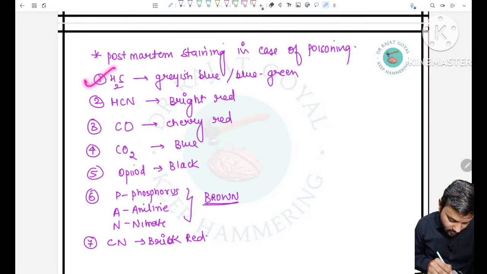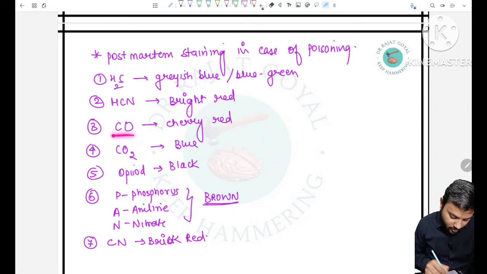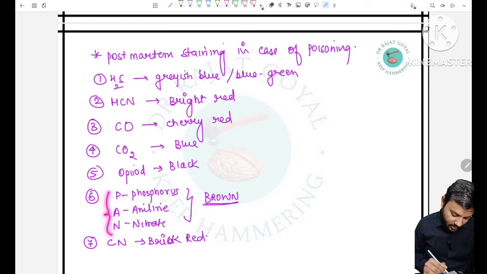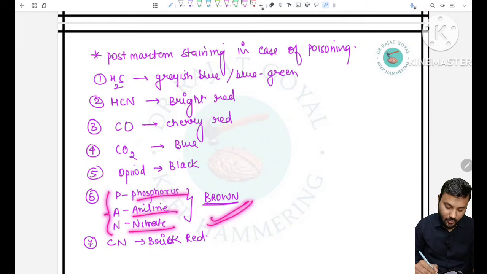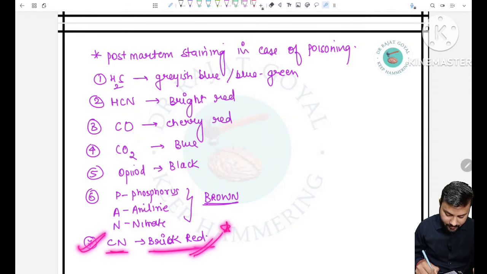Then in H2S we have seen grayish blue or bluish green, in HCN bright red, in carbon monoxide cherry red, which is very important, in carbon dioxide blue, opioids black, and in phosphorus, aniline, and nitrate, brown color hypostasis will be there, and in cyanide, brick red will be there.